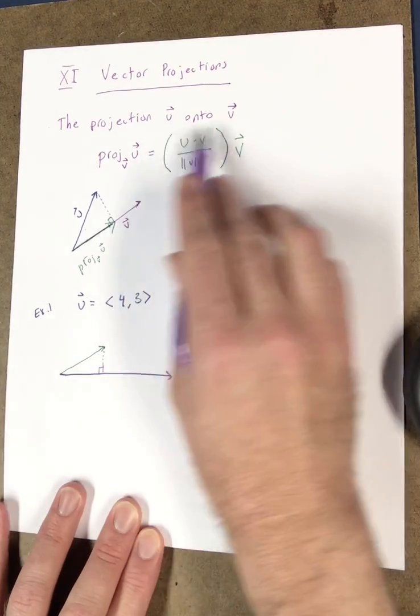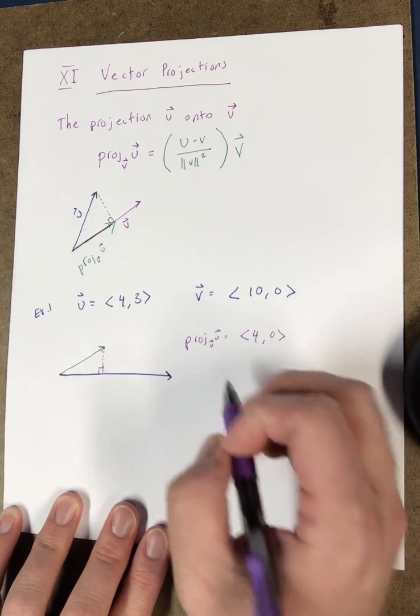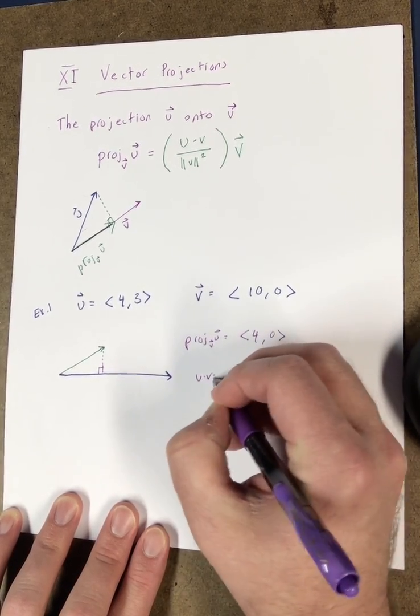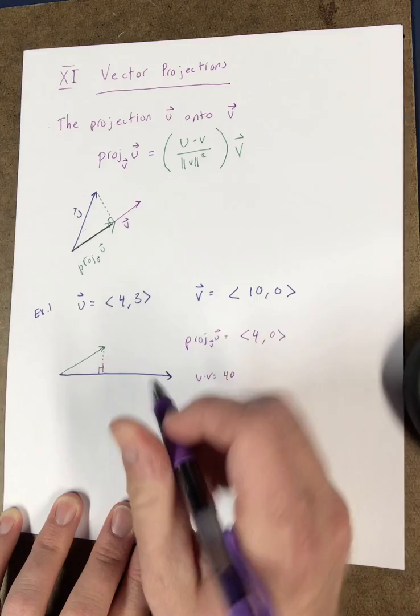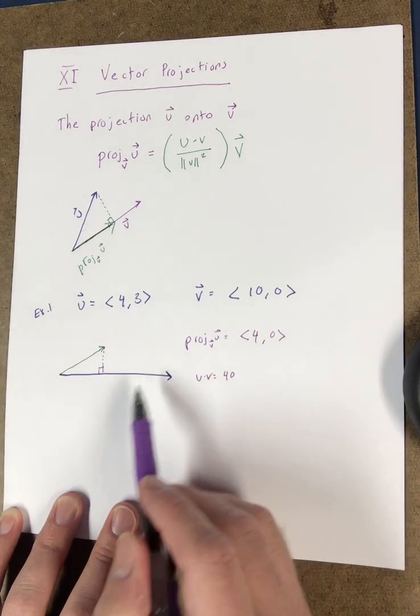Here's the math of it. If we actually do out the dot product of u and v, we would get 4 times 10 plus 3 times 0, so u dot v is just 40.